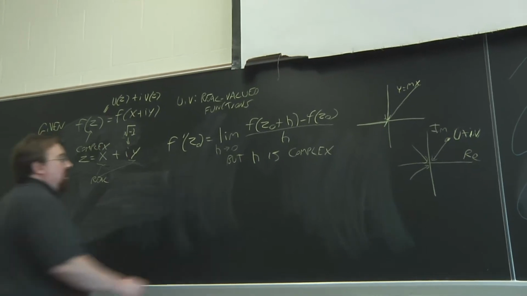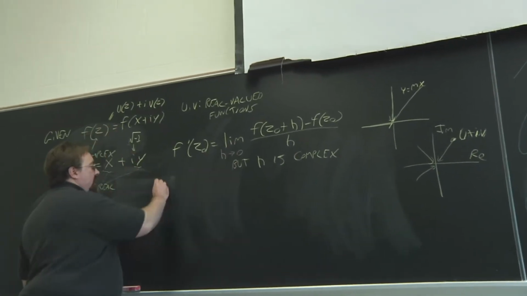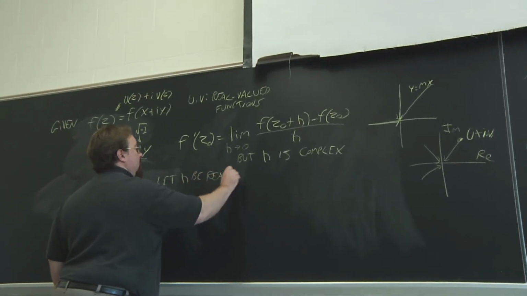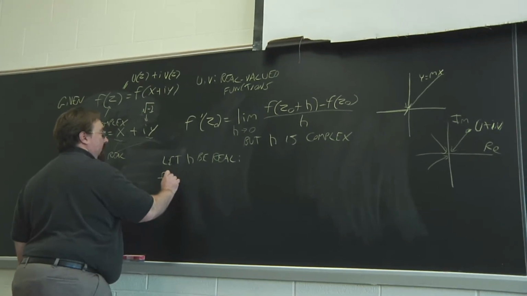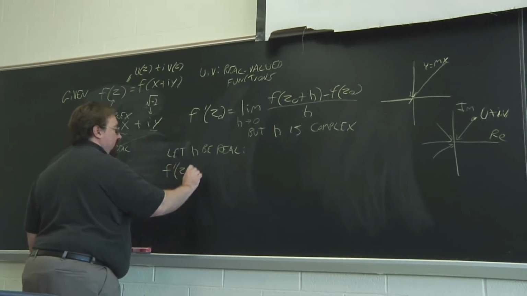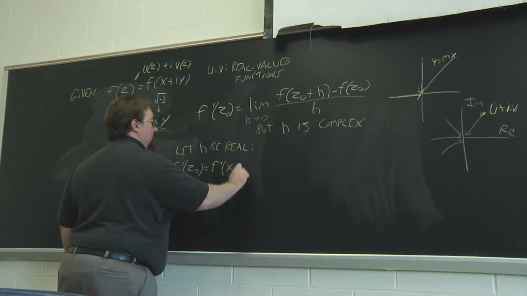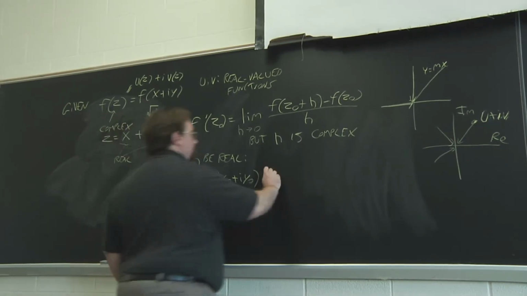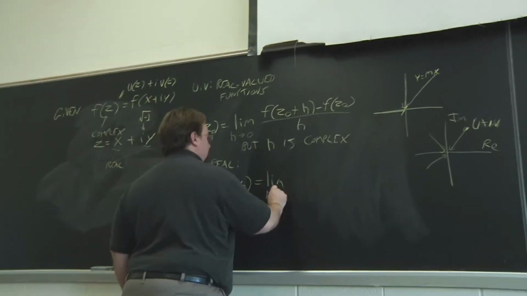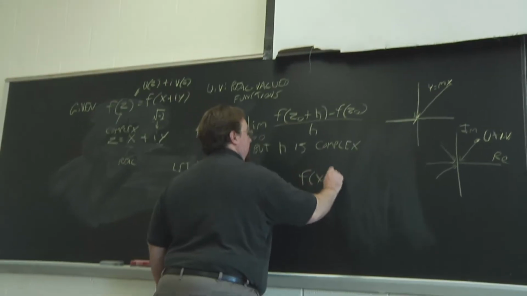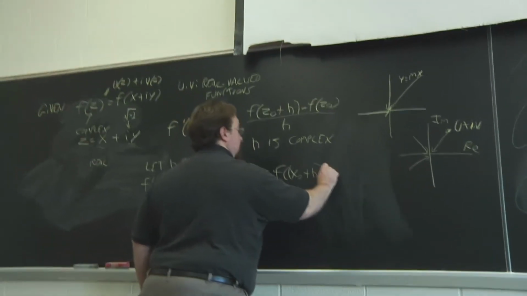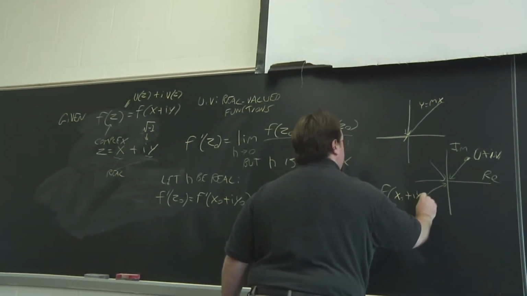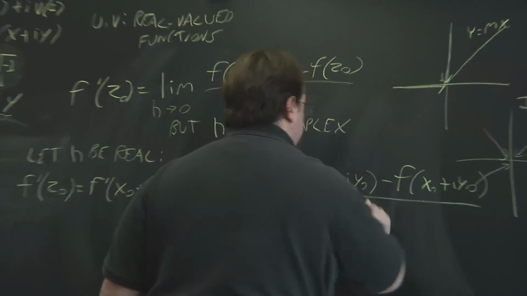So let's look at two particular cases. Suppose that h actually is real. Then what you're doing is f prime of z naught, which is the same as f prime of x naught plus i y naught, so we'll break it up and work with real numbers. So that's going to be the limit, as h goes to 0, of f of x naught plus h plus i y naught minus f of x naught plus i y naught over h.